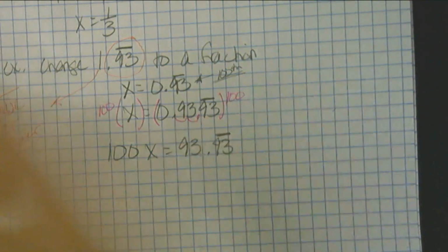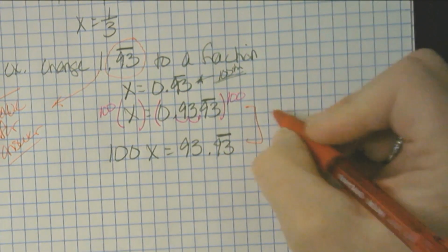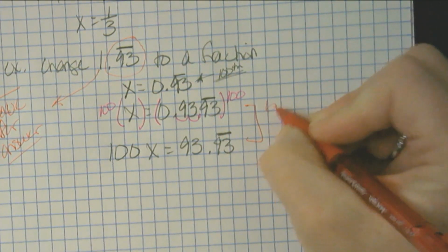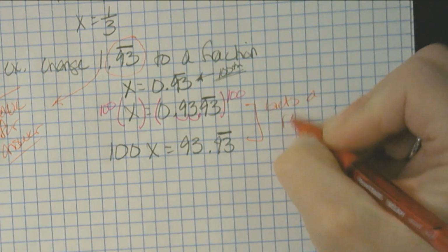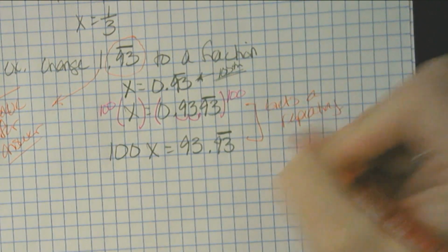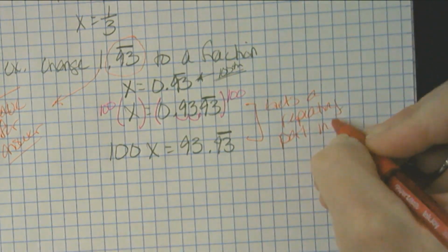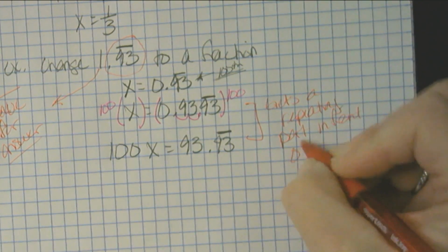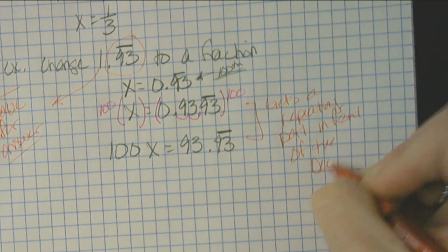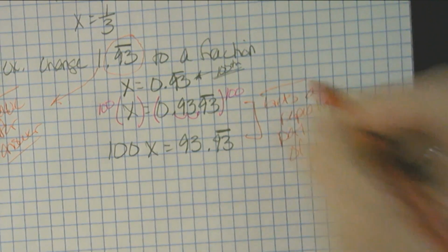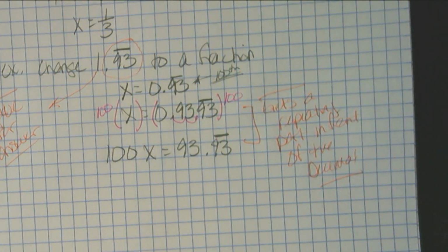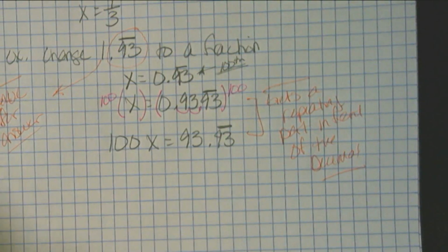So let's restate this. This step gets a repeating part in front of the decimal. And that's what we wanted. What's our next step from here? Ada?